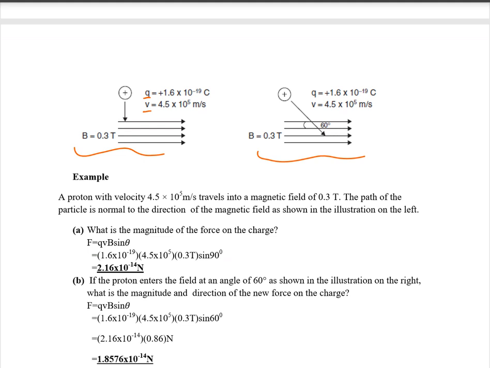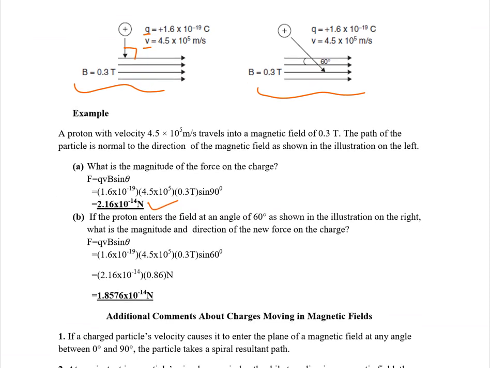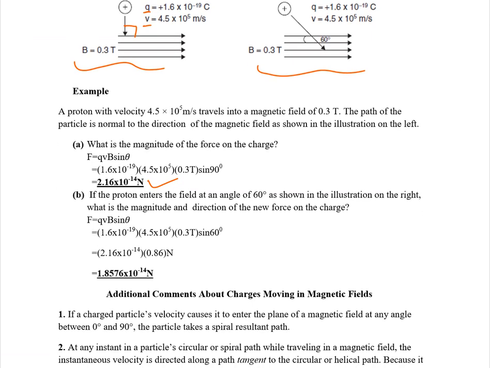But here, since the angle is 90 degrees, we can use sine 90 degrees, QVB times sine 90, and we get how much? 2.16 times 10 to the power of -40 Newtons of force is exerted. And at an angle of 60 degrees, we can substitute sine 60 in place of sine theta, and sine 60 is 0.86, and finally you get this value.